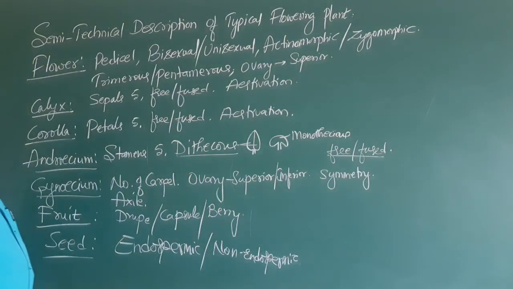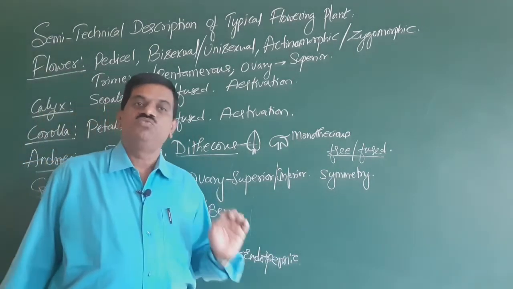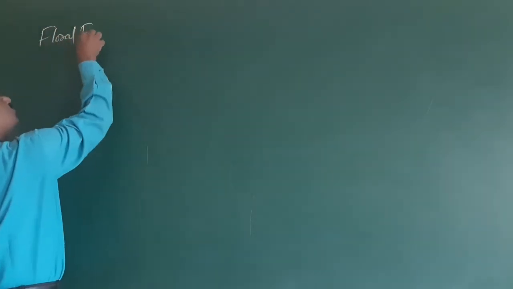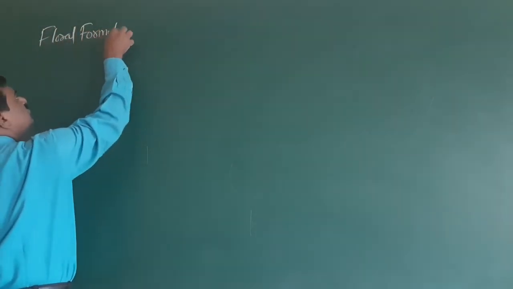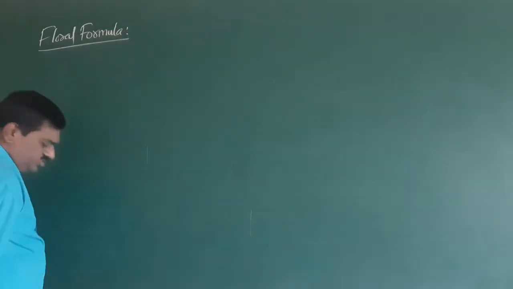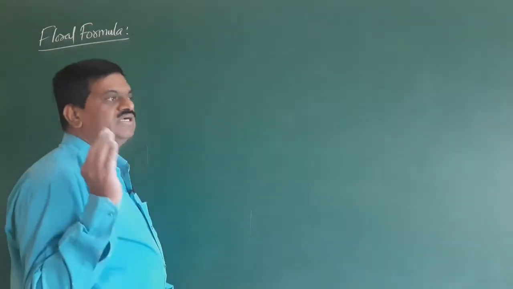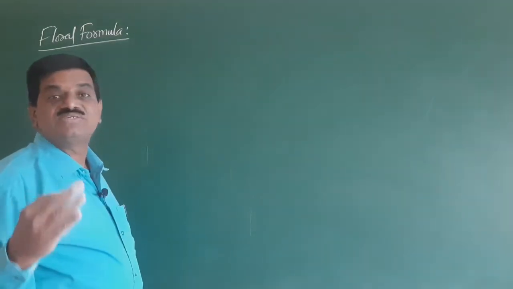After the seed, we are going to write the floral formula. So after seed, we are going for the next one called floral formula. As we know, in some of the botany and some of the maths we have a formula.